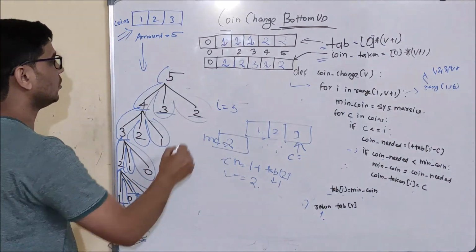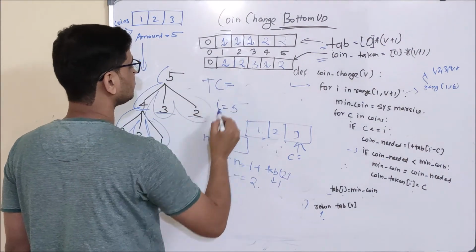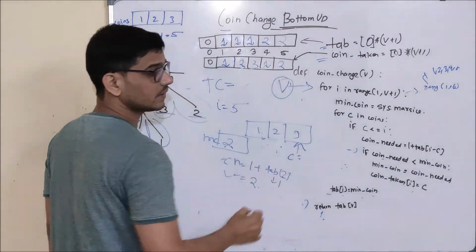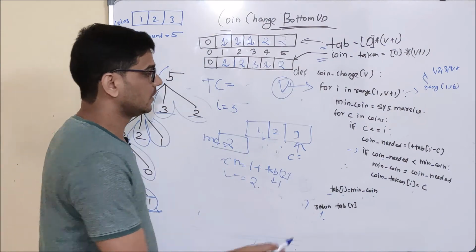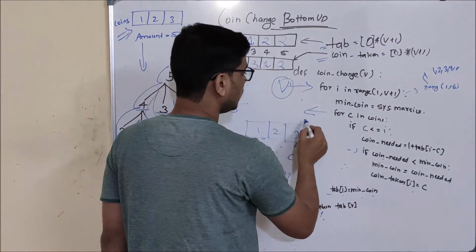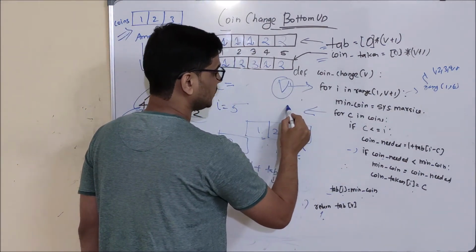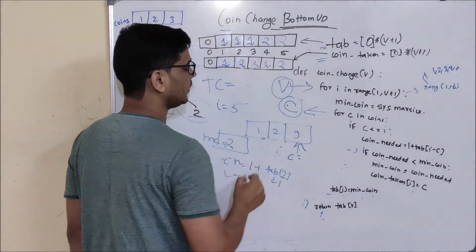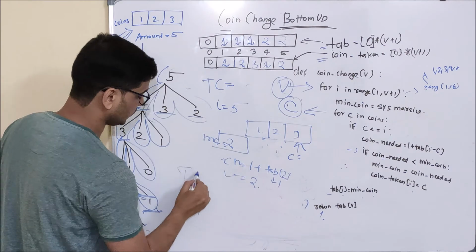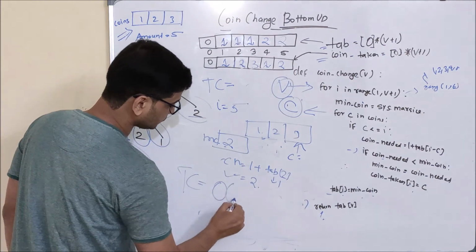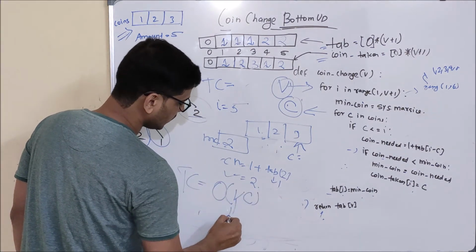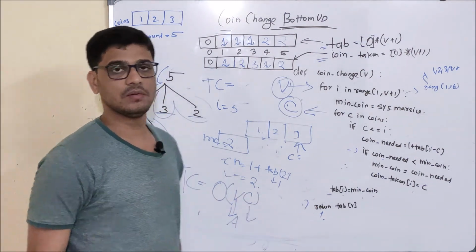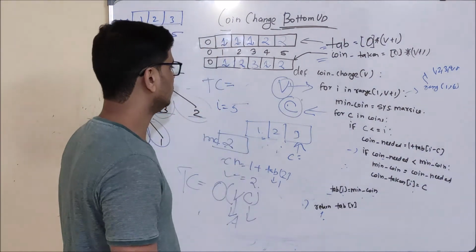And one more thing, what will be the time complexity? This is my outer for loop which is running for V times, and what is V? V is my amount, and this is my for loop which is trying all the coin denominations basically. So let C be all the coin denominations. So my time complexity will be order of V into C, where V is the amount and C is the coin denominations I am having. Correct?